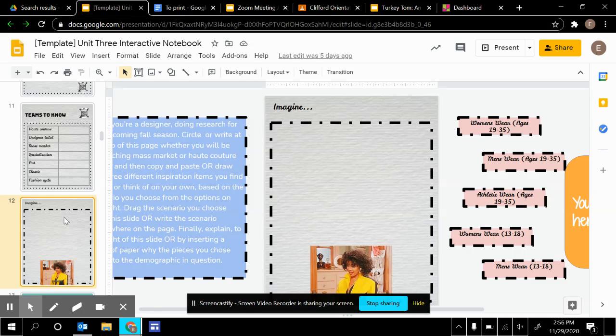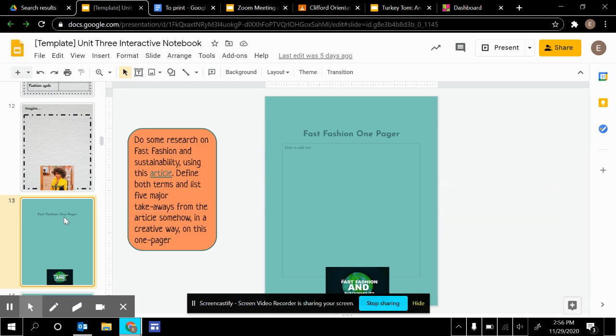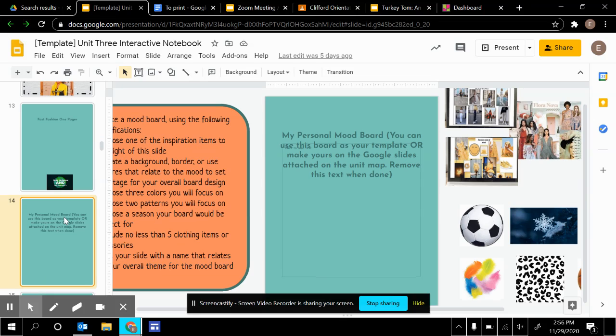On this one, you're imagining you're a designer, you pick a demographic, and then you find inspiration items based on the scenario you chose. Then you list why you chose the pieces that you did to relate to the demographic in question. This is one of your pick threes and twos, and you read through the article and you create a fast fashion one pager on what you learned.